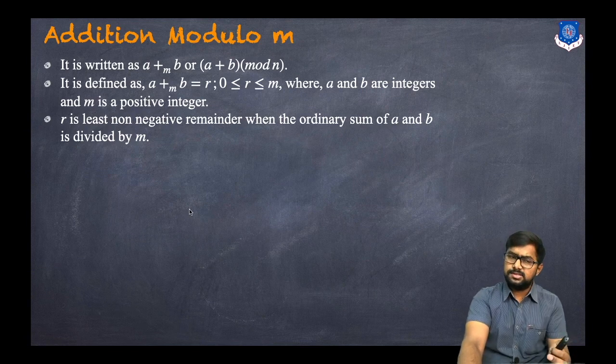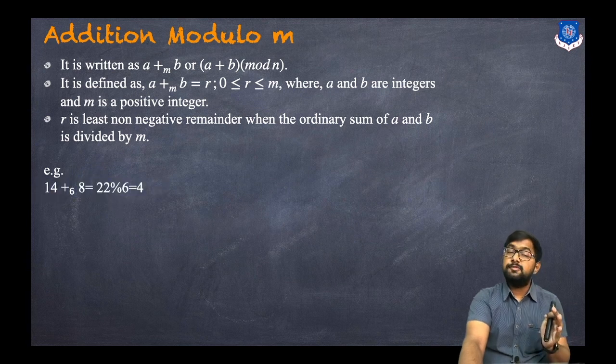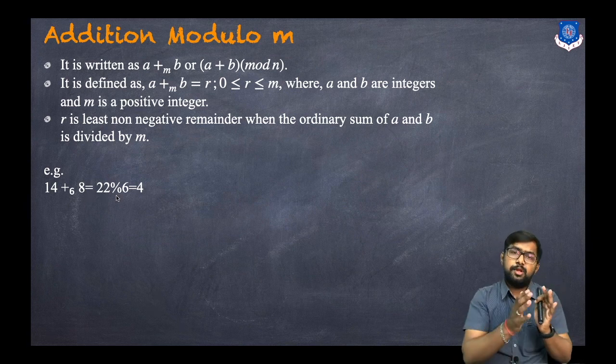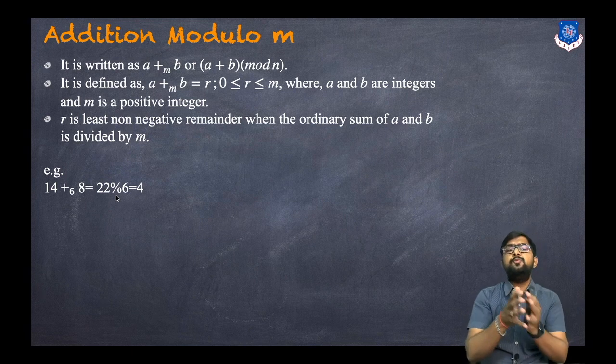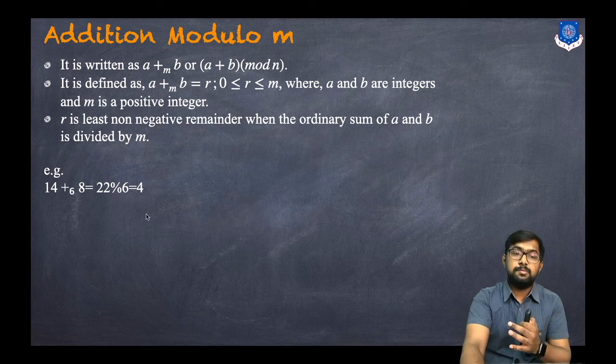So let us discuss an example. How to calculate? For example, if we want to find 14 +₆ 8, we add 14 and 8. So the first step is 14 plus 8, that is 22, modulo 6. If we divide 22 by 6, then the remainder will be 4.